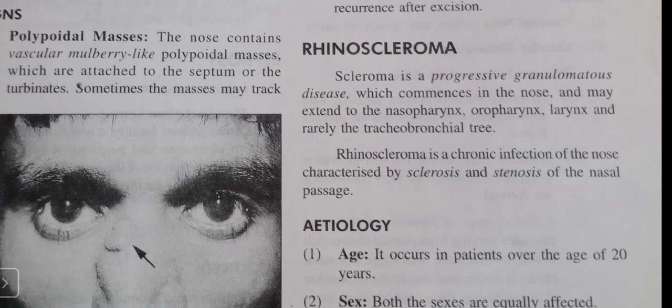It starts in the nose and may extend to the nasopharynx, oropharynx, larynx, and rarely to the tracheobronchial tree. Rhinoscleroma is a chronic infection characterized by sclerosis and stenosis of the nasal passage.